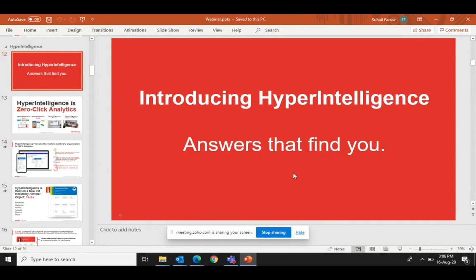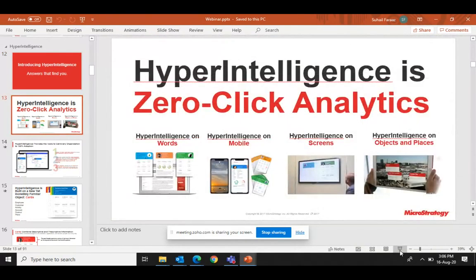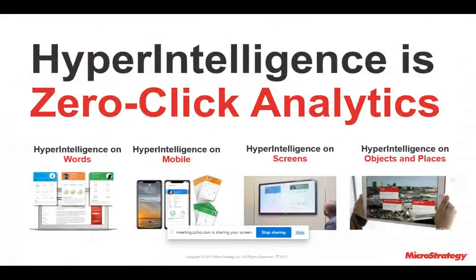So this is what I would be talking about, how you can supercharge your Outlook emails through a feature called HyperIntelligence. HyperIntelligence is a feature that has been introduced by MicroStrategy. You might be wondering what HyperIntelligence is all about. It is all about zero-click analytics, wherein you are injecting insights from all your enterprise data directly into your email box.